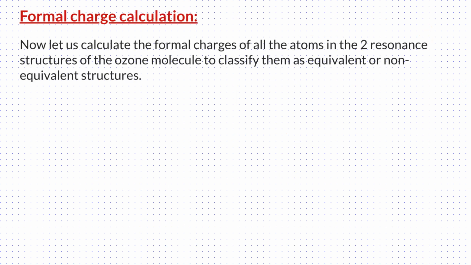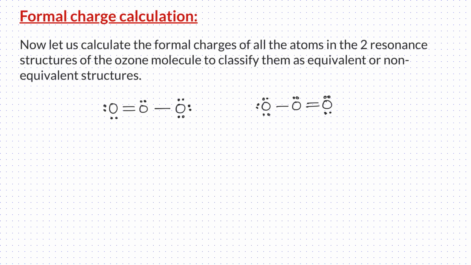Now let us calculate the formal charges of all the atoms in the two resonance structures of the ozone molecule to classify them as equivalent or non-equivalent resonance structures. We have already drawn the resonance structures of ozone in the previous video. I'm going to use the same resonance structures here.